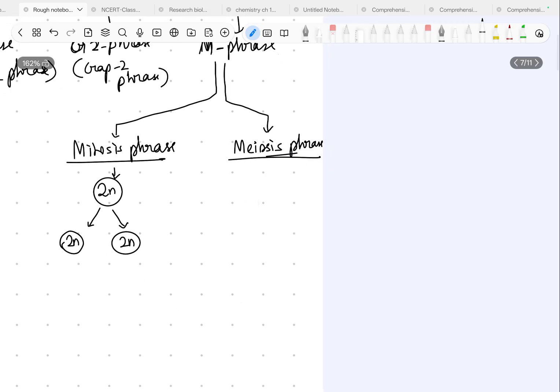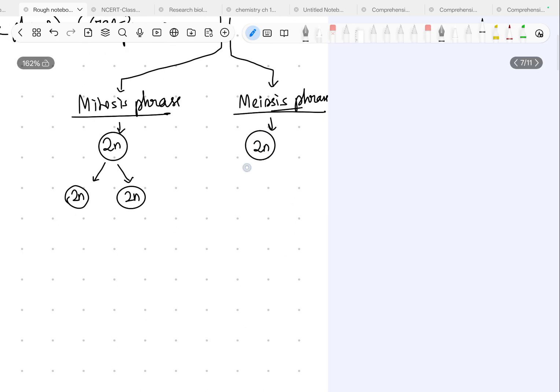And in the meiosis phase, what occurs? It is 2n, and the 2n divides into n and n. This is meiosis 1.